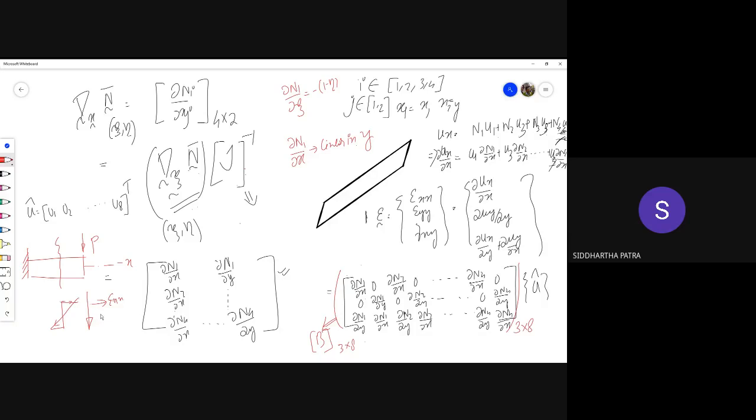For a four noded quad element, even if the Jacobian is a constant, this quantity is able to model a linear variation of epsilon xx in the y direction.